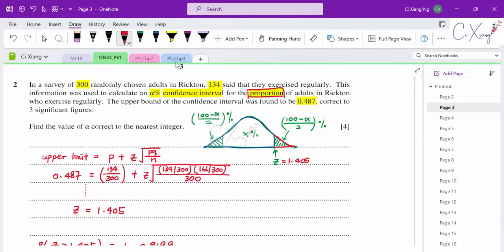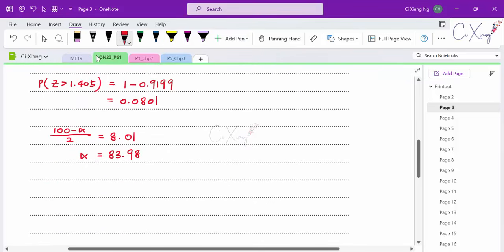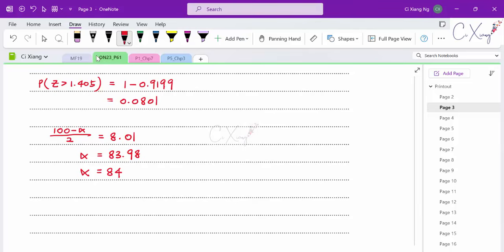But if you read the question carefully, they're asking you to find the value of alpha correct to the nearest integer. So we go back to our answer again. Alpha is 83.98, so you can round it off to 84, which is the nearest integer.